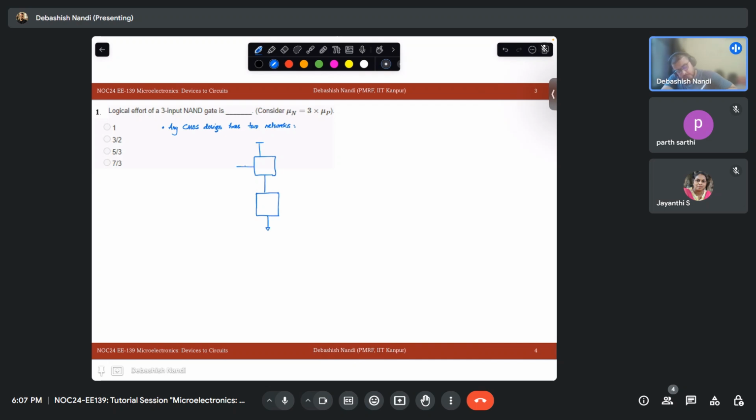A set of inputs will be applied, so these are inputs, and here you will take the output. We are discussing combinational logics today. This will be your supply rail VDD, this will be your pull-up network, and this will be your pull-down network.